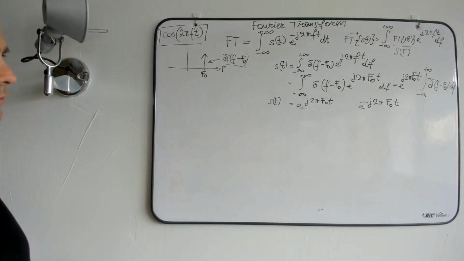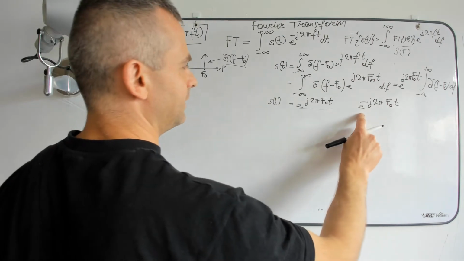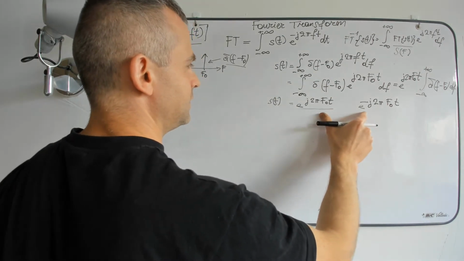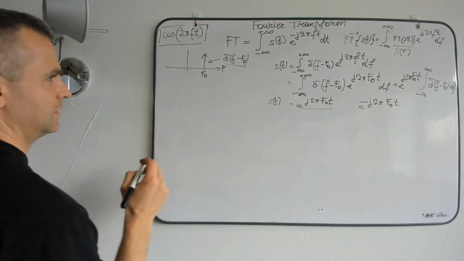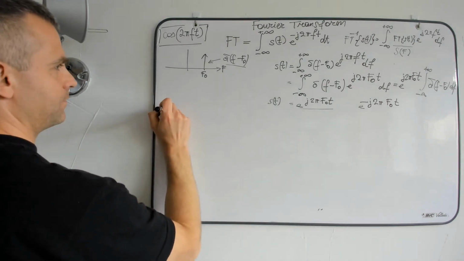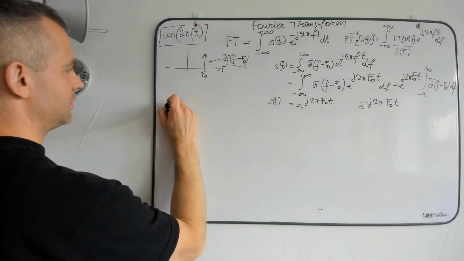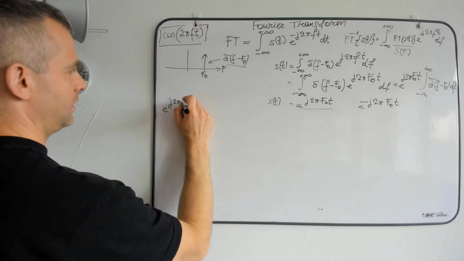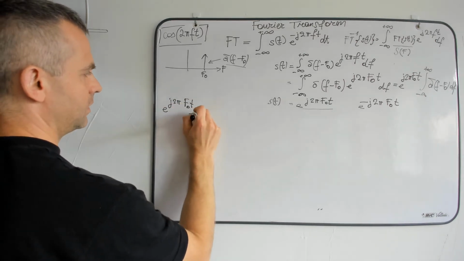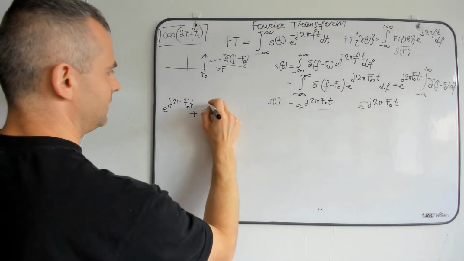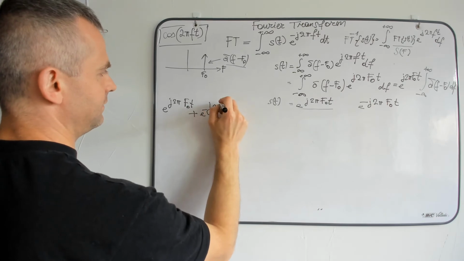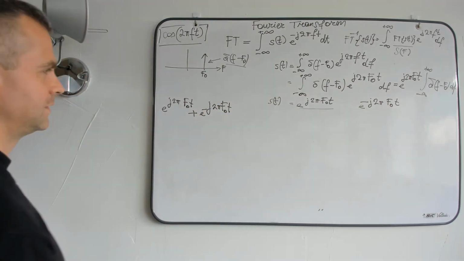Well, if I make a sum of both functions, so exponential j 2 pi f0 t plus exponential minus j 2 pi f0 t.